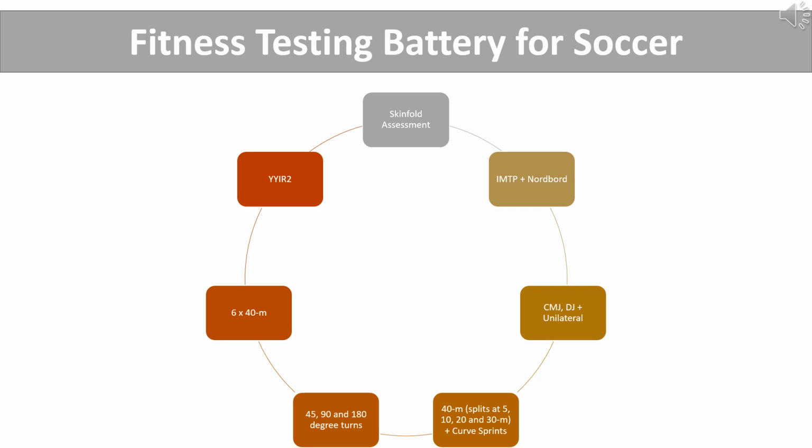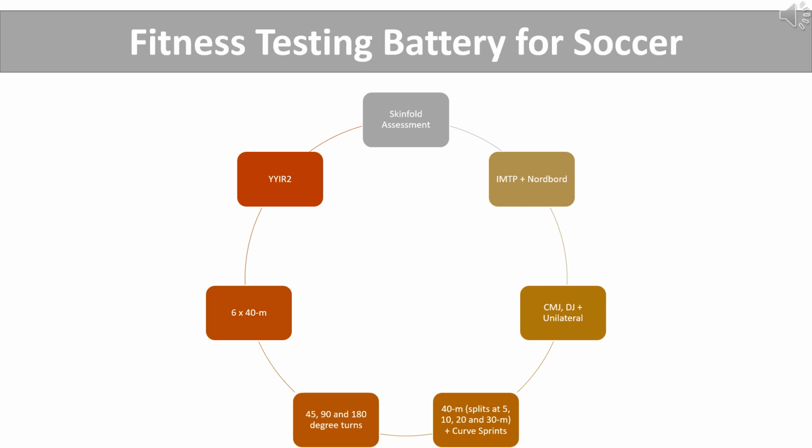So for that reason, when it comes to strength, I'd probably look at using both the isometric mid-thigh pull as an assessment of multi-joint maximal force production, but also look at using the Nord board so I get some kind of a targeted assessment of hamstring strength, knowing that that's incredibly important in football given the volume of injuries that happen for this muscle group, but also because the Nordic hamstring exercise is ultimately a training tool as well as an assessment.